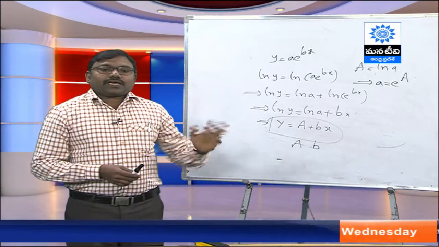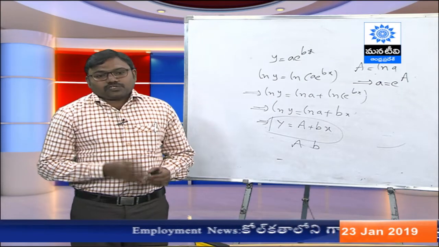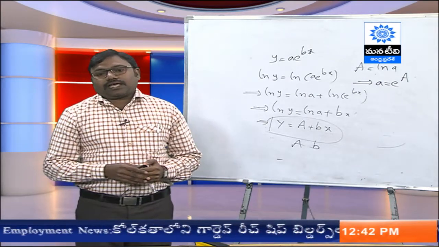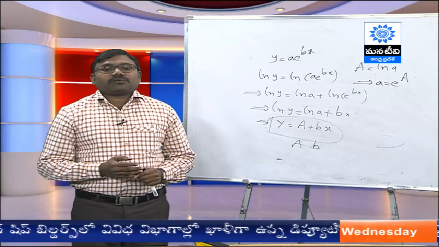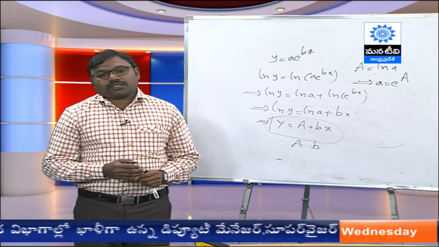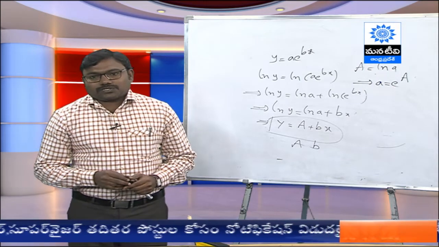As a second topic we derived normal equations, which are useful in fitting a straight line or parabola to the data. In the third topic we saw two examples, one related to a straight line and another related to a parabola. All the best to the students. Thank you.